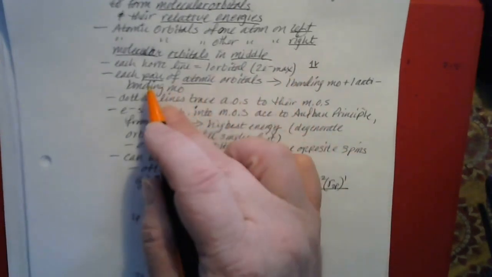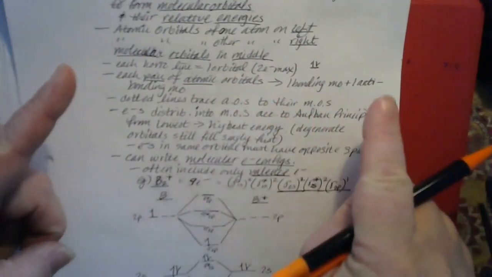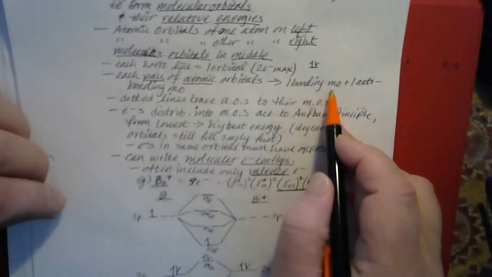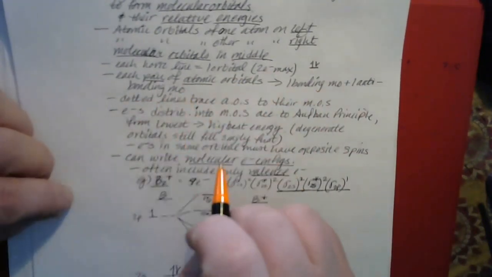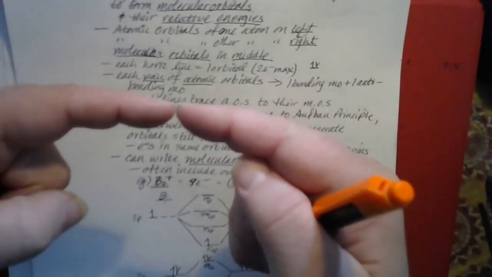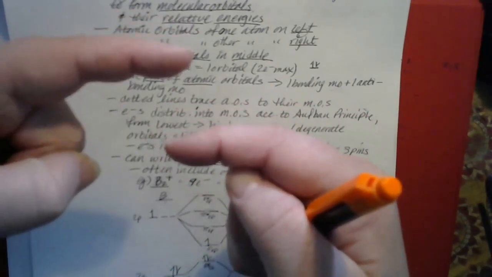Sorry. Each pair of atomic orbitals, that is an atomic orbital from one atom and an atomic orbital from the other atom, will come together to form two molecular orbitals. One of them will be a bonding molecular orbital and the other will be an anti-bonding molecular orbital. So basically, two atomic orbitals come together from two atoms, and when they meet, they form two molecular orbitals, one of which is higher in energy and one of which is lower in energy.